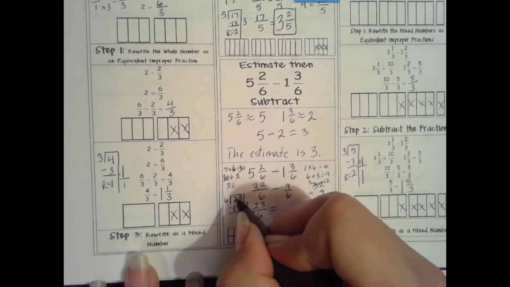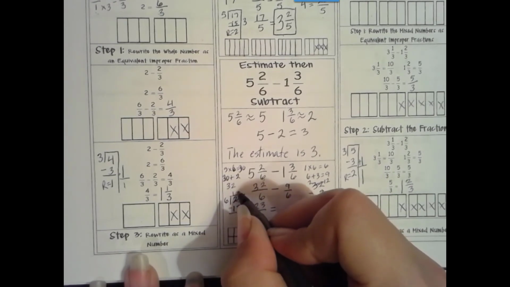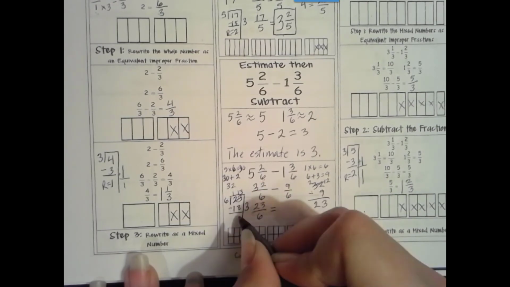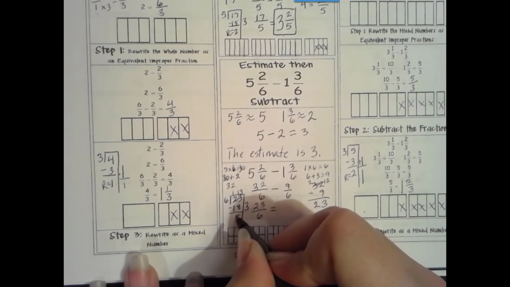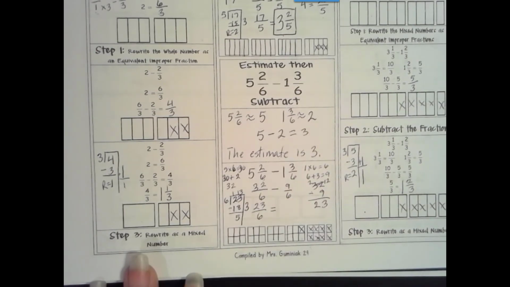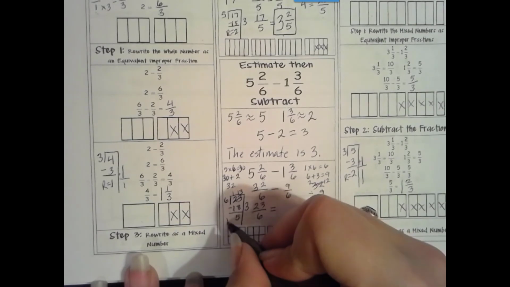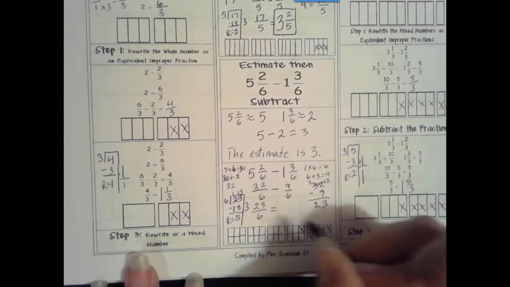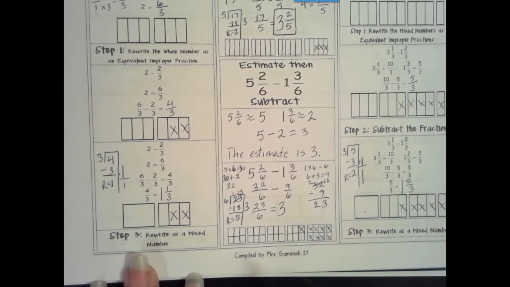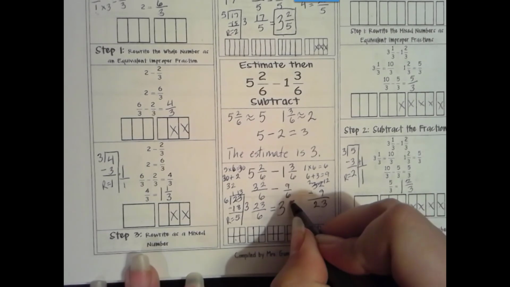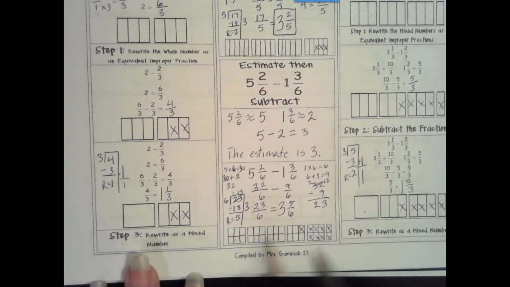More on the floor, go next door, regroup 10 more. 13 take away 8 is 5. Okay, I can't take out any more, so that's my remainder. So I have 3 whole rectangles, 1, 2, 3, and 5, remainder over divisor, 5/6. So 3 whole and 5/6.